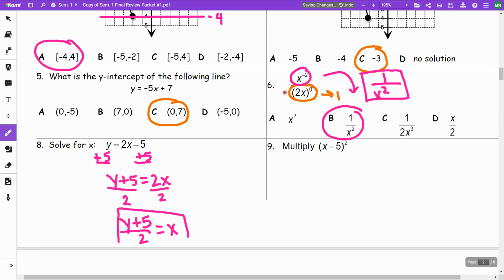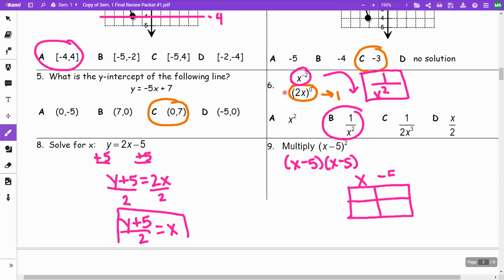On number 9, I have to work out (x minus 5) squared. I need to remember that that's an (x minus 5) times an (x minus 5). So I am going to do a box. I'm going to have an x and a minus 5, an x and a minus 5. Now, the first row is going to be x times x and x times negative 5, so that gives me an x squared and a negative 5x.